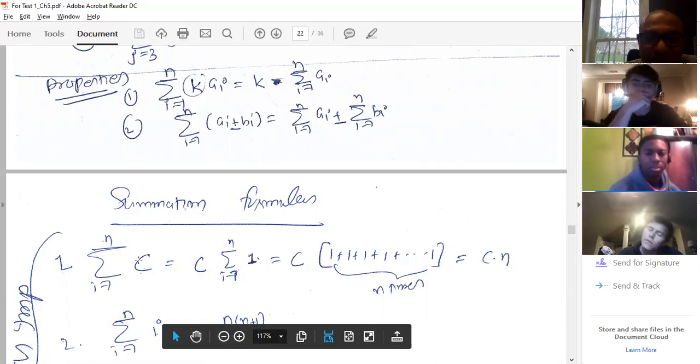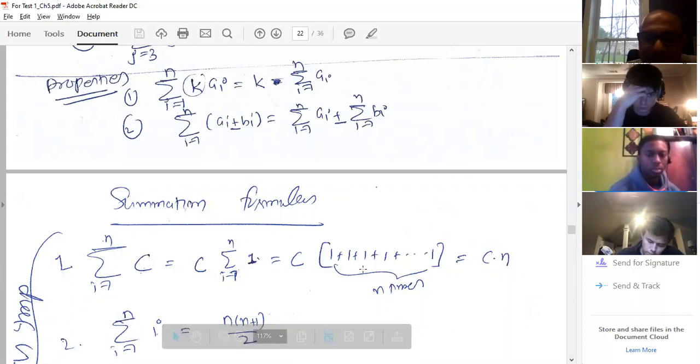Or I can pull the c out and here it is 1. For i equal to 1, it is constant, so it has to remain the same. It is 1. i equal to 2, again it is 1. i equal to 3, again it is 1. How many times? i equal to n, so n times it is 1. So 1 plus 1 plus 1 up to n times means n. So it is c times n, or n times c.